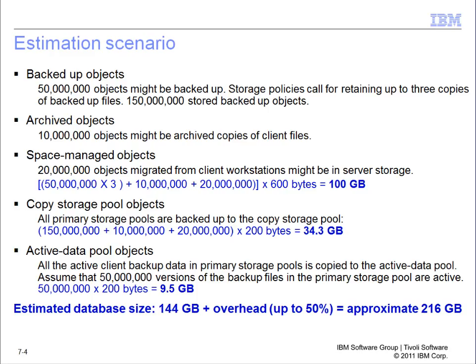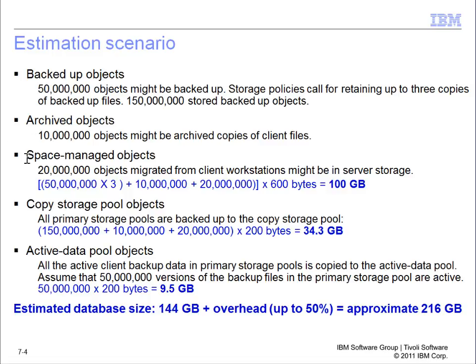Here's our estimation scenario. In this scenario, we have 50 million backup objects. We're going to retain 3 copies, so 150 million stored backed up objects. For archive, 10 million.